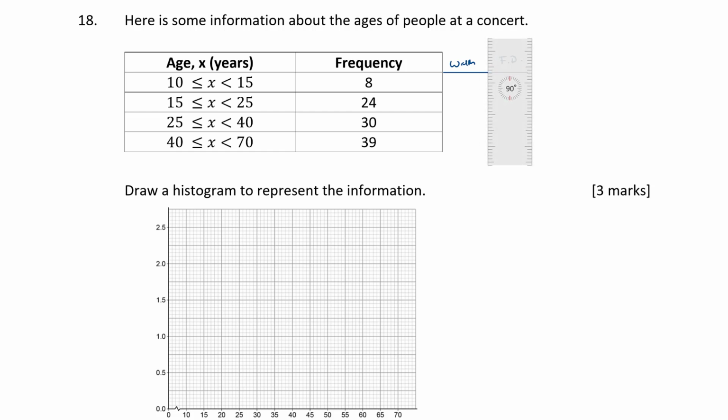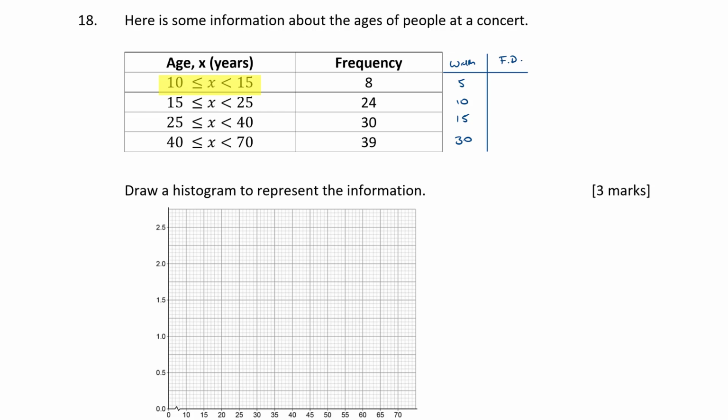So I've got a column now for width and one for frequency density. The first category, 10 to 15, has a class width of 5. Second one, 25 subtract 15, has a class width of 10. The third one, 40 take away 25, is 15, and finally that one's 30, isn't it?